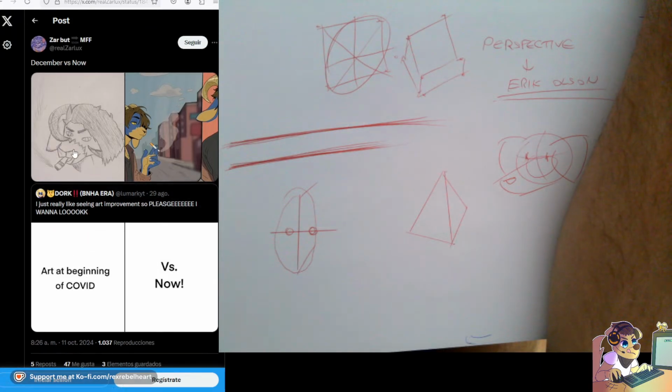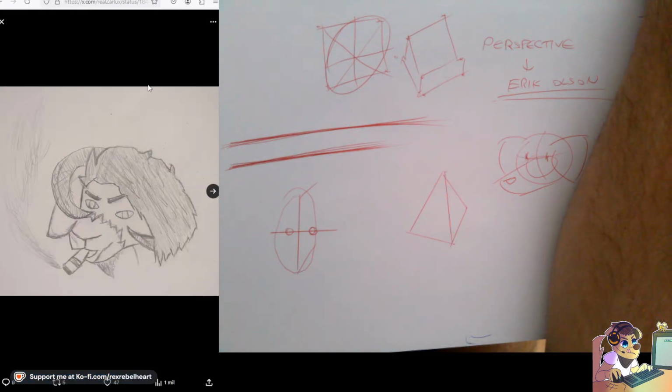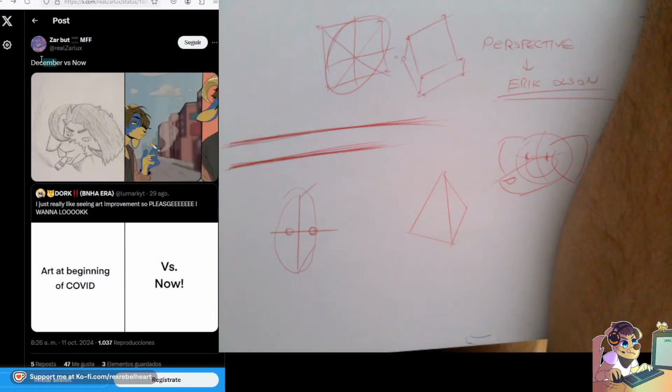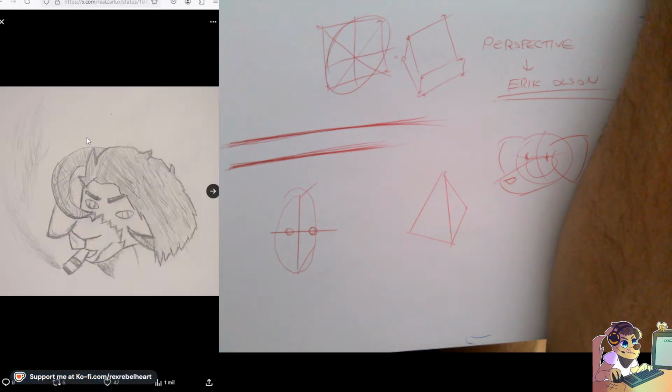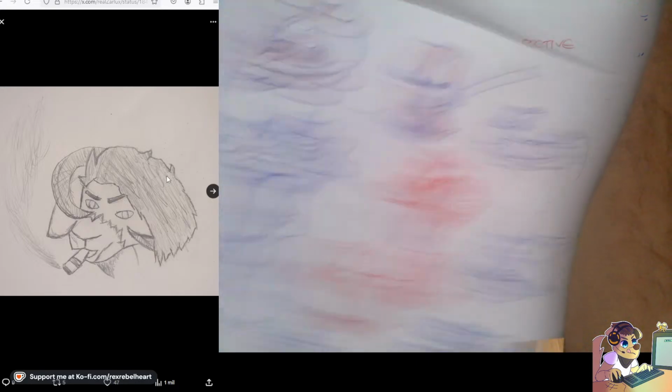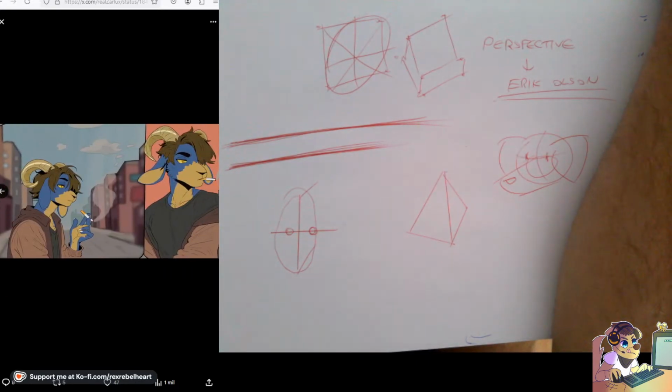And my buddy Czar on Twitter, he showed me this. This is him saying December versus now. So this is a 10-month difference of going from something like this, which is the type of stuff that I'm sort of doing at the moment, to stuff like this, which is just crazy good.